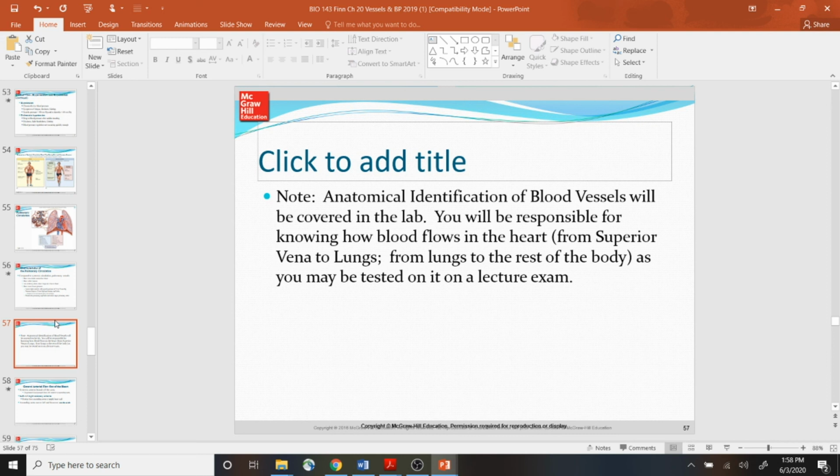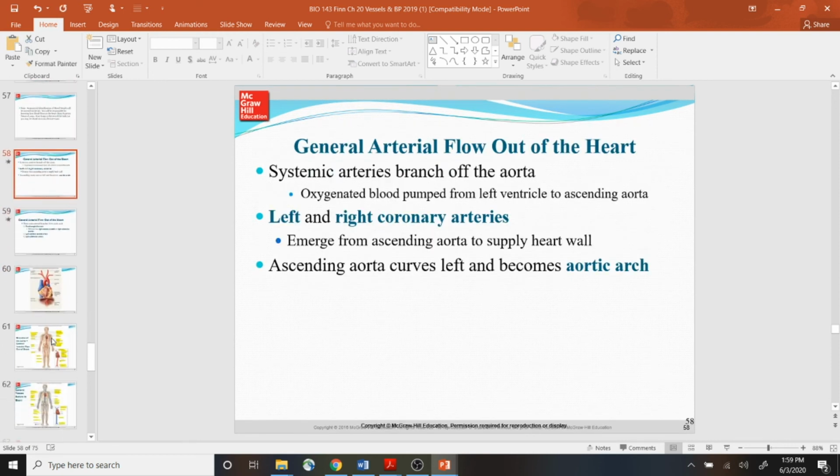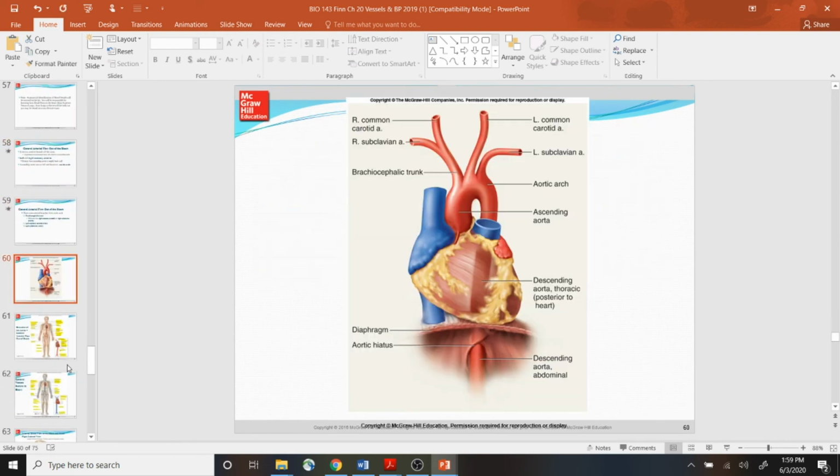I have set up a PowerPoint that will go through some of the models we looked at in lab, and then fair game also would be you being able to identify some of the blood vessels that come off the aortic arch. You can see them here: the right subclavian, the right common carotid, the left common carotid, the left subclavian. So I'll make a little study tool for that.